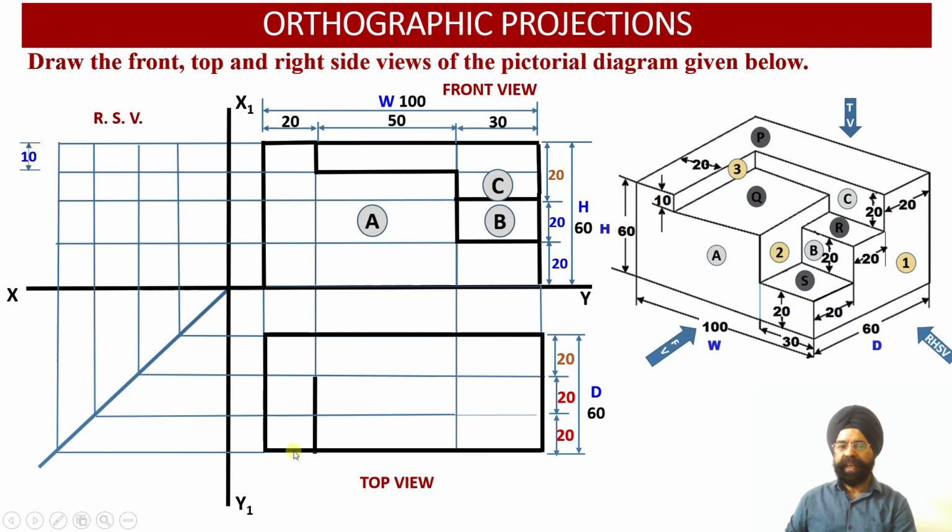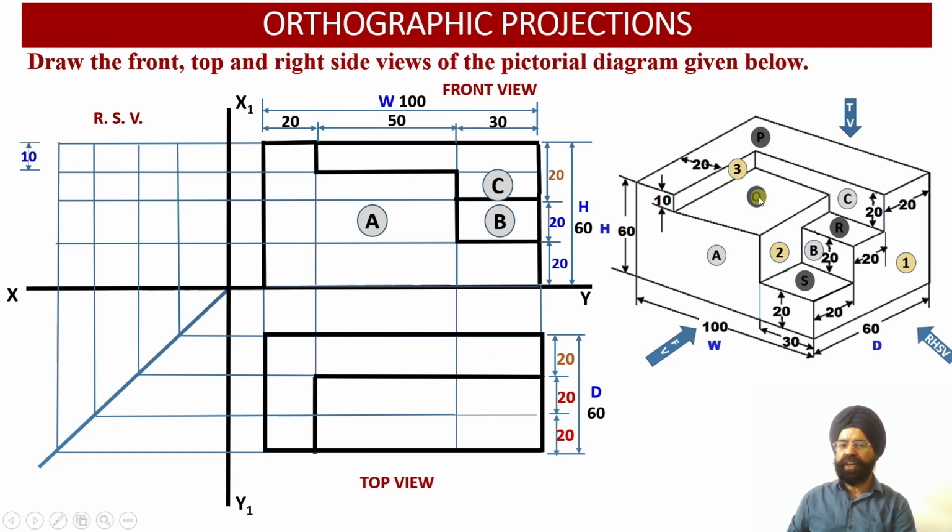So please check, it is this width of the left hand side web of this particular surface P. Left hand side web, it is 20 millimeter width and the depth will be up to 60 millimeter. And then you have to turn right, and as you turn right, you will be ending here at a depth of 20 millimeter. So this is my depth of 20 millimeter. So surface P has been obtained.